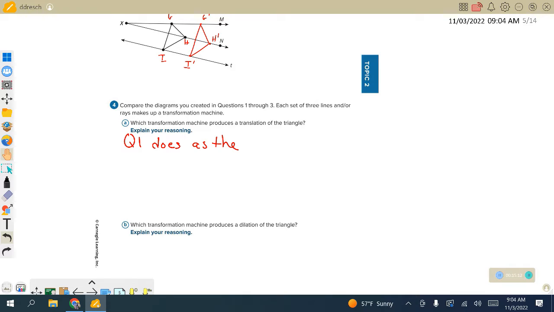If it is truly an isometry, it should be the same shape and size there. Question 1 does, exactly what he said, as the pre-image and image are congruent. Okay?